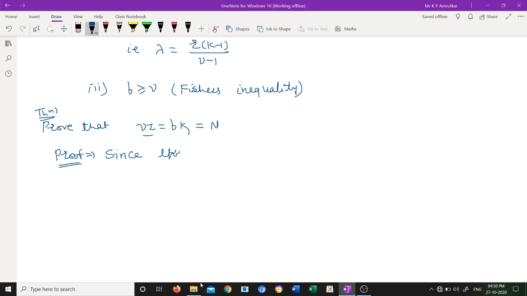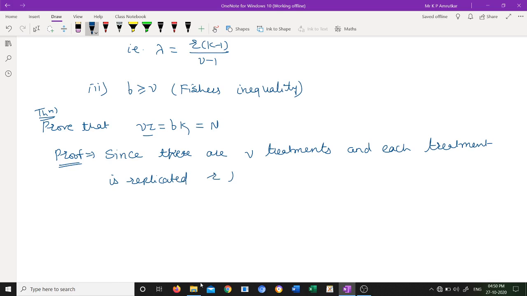Since there are V treatments and each treatment is replicated R times, therefore the total number of plots in the design is VR.